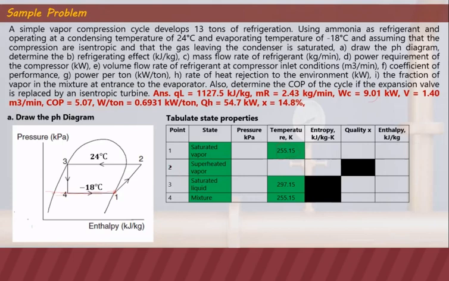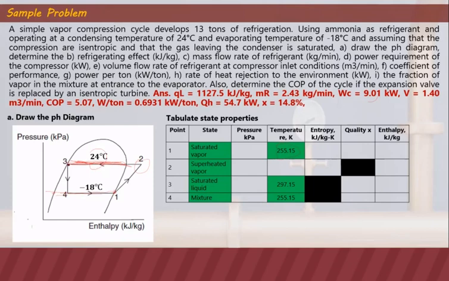And then at point 2, the temperature is unknown because this 24 degrees Celsius is only the temperature in the saturated region of the condenser. It's 24 degrees Celsius there, but beyond that, it's not 24 degrees Celsius. That's why this one is still unknown.